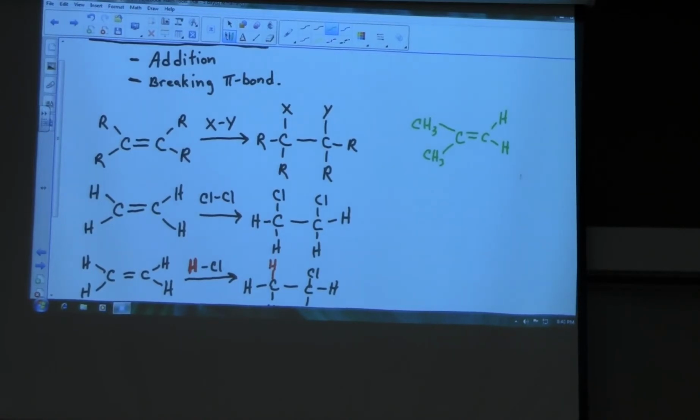Okay, a non-symmetric alkene, an alkene that's bound to 2 different things, but it's not equal. In other words, if I were to react this with some compound XY, which would I expect to form?